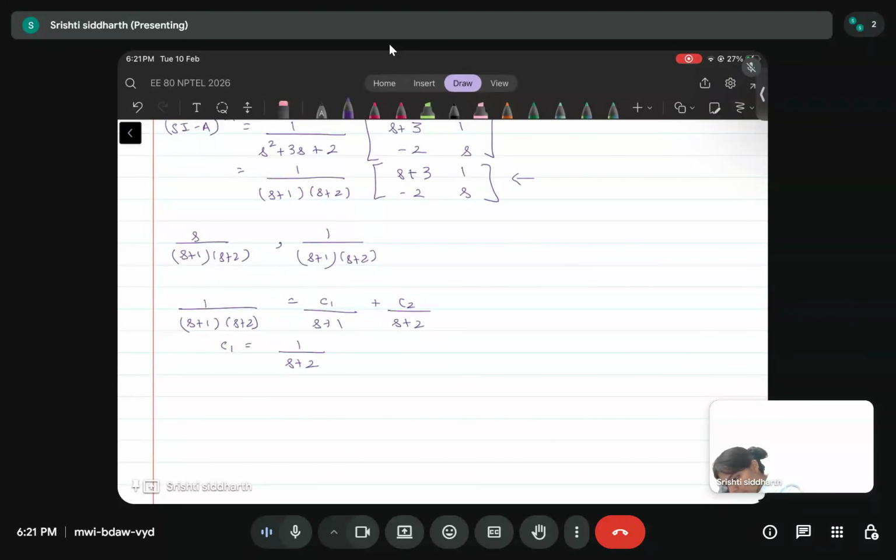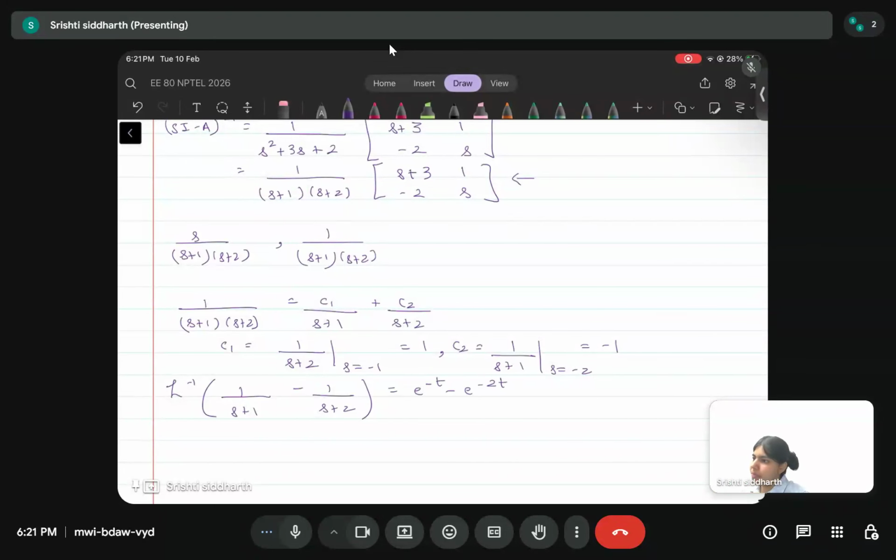C1 is 1 over s plus 2 computed at minus 1. Similarly, C2 is 1 upon s plus 1 computed at minus 2. This is simply e to the power minus t minus e to the power minus 2t.